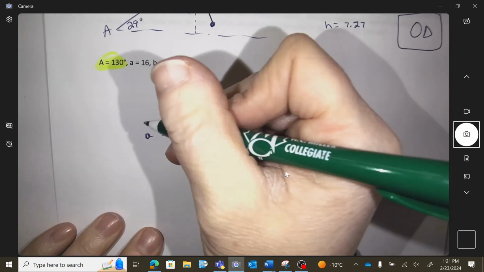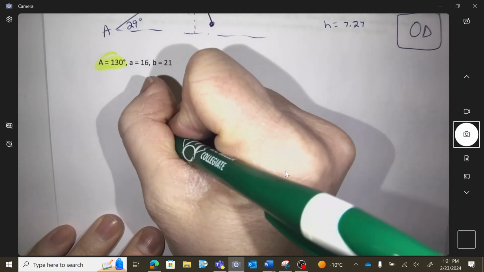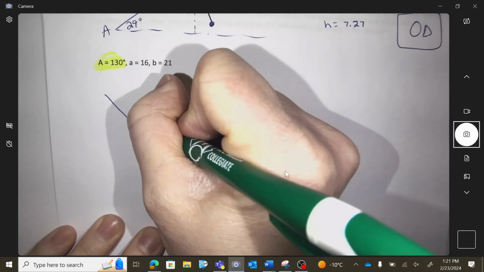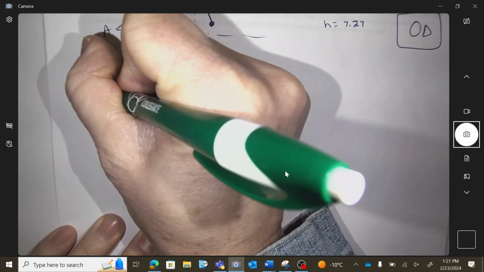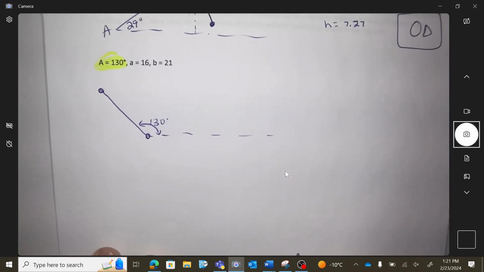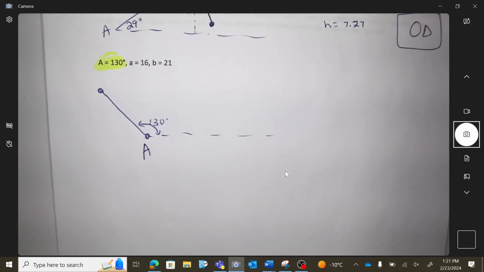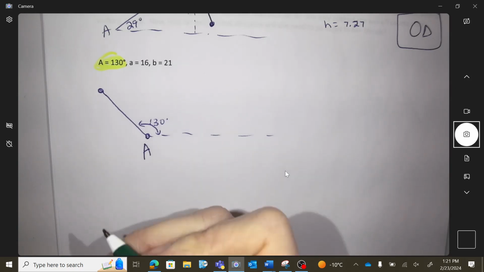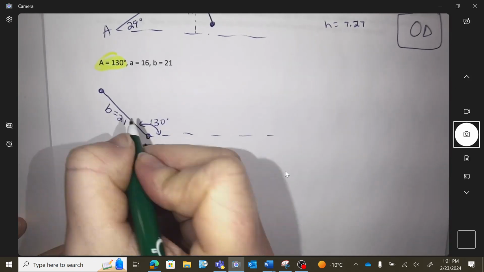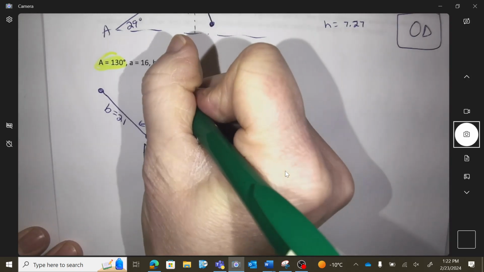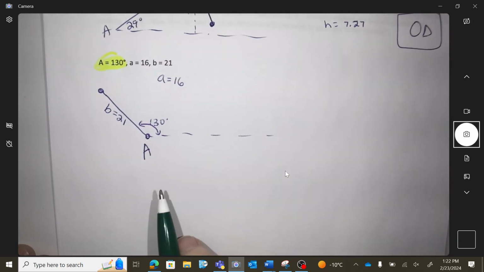I don't know the side, but there's 130 degrees for angle A. What is beside the A? 21. And across the A is 16.